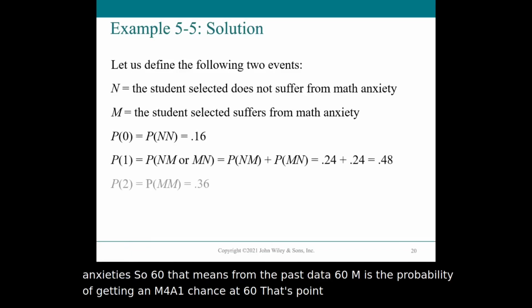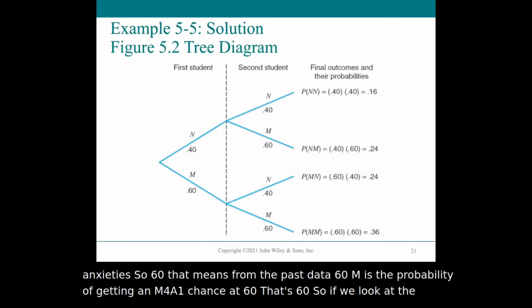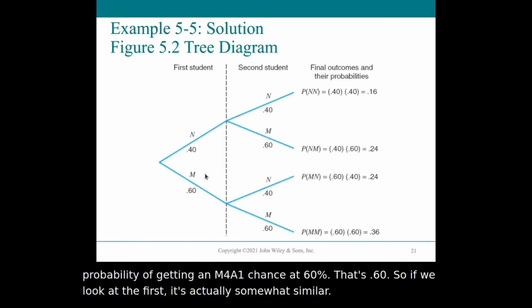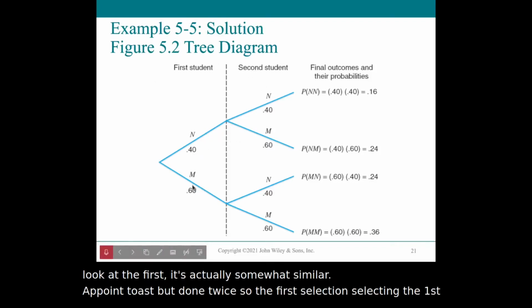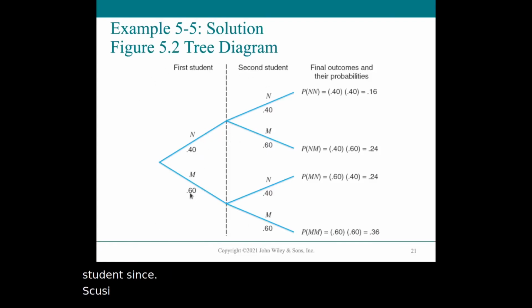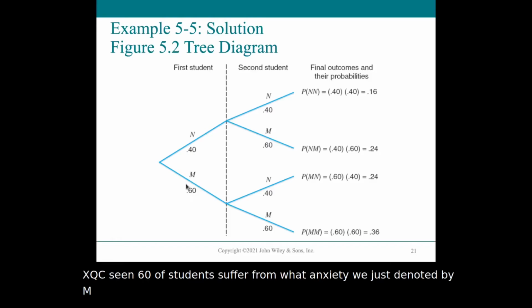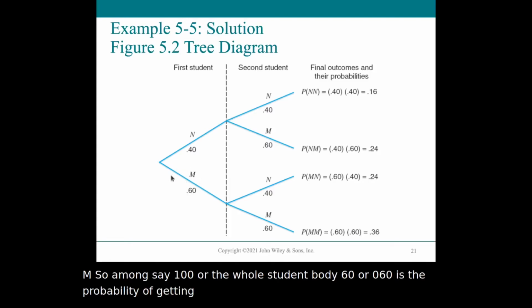If you look at the first, it's somewhat similar to a coin toss, but done twice. For the first student selected, since 60% of students suffer from math anxiety, denoted by M, among the whole student body, 0.60 is the probability of getting a student that suffers from math anxiety.